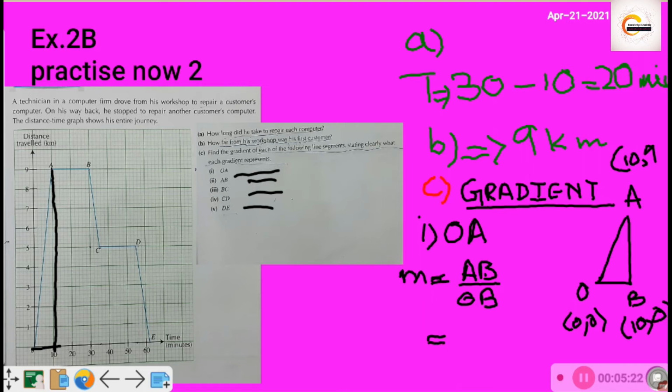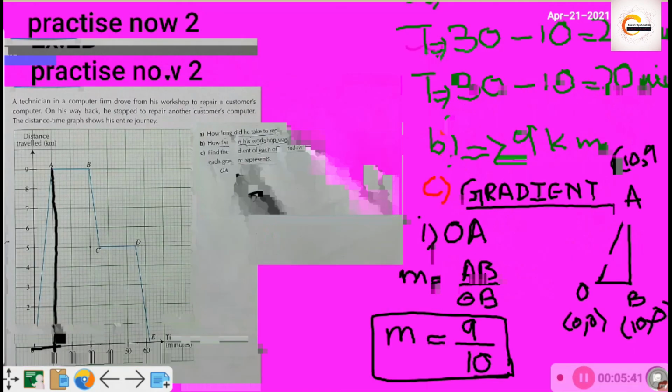How can we calculate AB, line segment AB? It's the vertical change. For vertical change, we can see that it is 9 minus 0, and horizontal change is 10 minus 0.